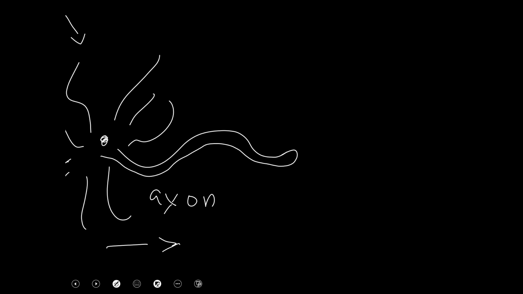So I said gated channels. So I'll now, class, just draw very briefly this channel protein, class, that has a gate, and I'll just put that on top. That's the gate.